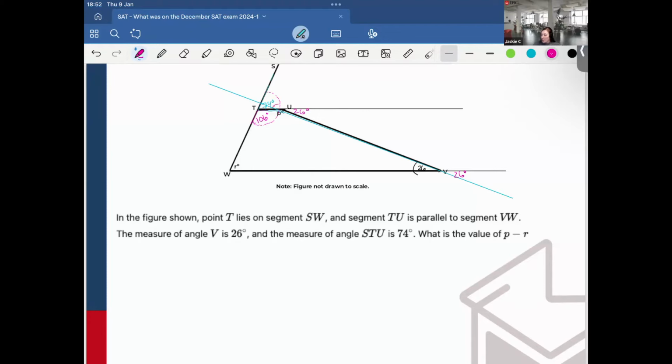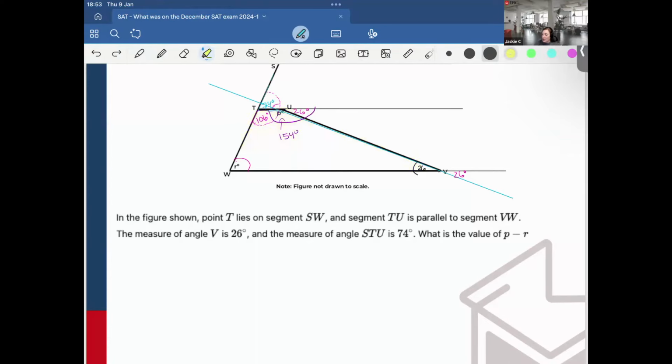But anyways, why is that relevant? Because with this information, I can actually find what P is. I can do now 180 degrees minus 26, which is 154 degrees. And then to get the measure of angle R, all I need to do is, well, let me just highlight for everyone, this is a quadrilateral.